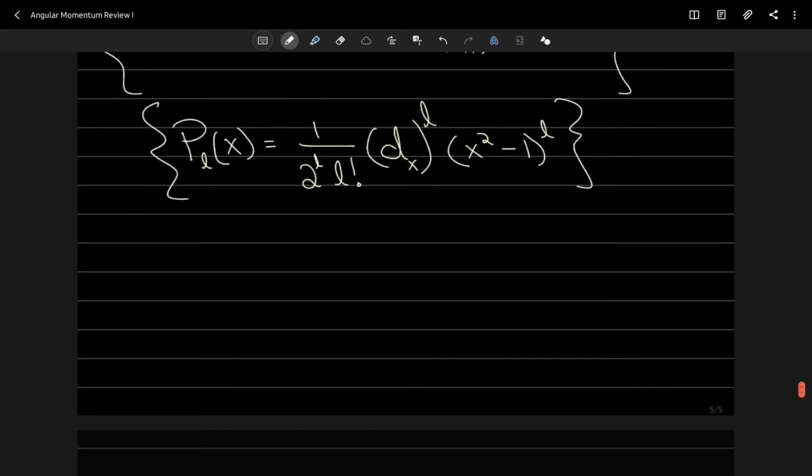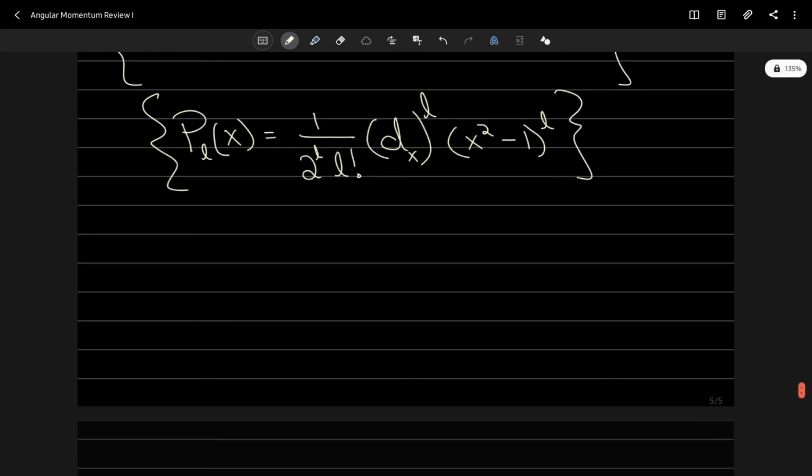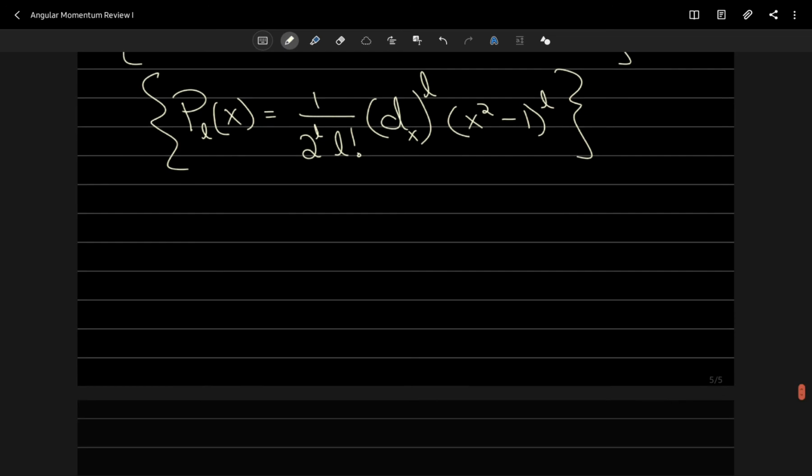Using these expressions, you can calculate P_l(x) for different values of l. For example, if I were to compute P_0(x), I have to substitute 0 for l, and if I do that, what I get is 1. Likewise, I could compute P_1(x).